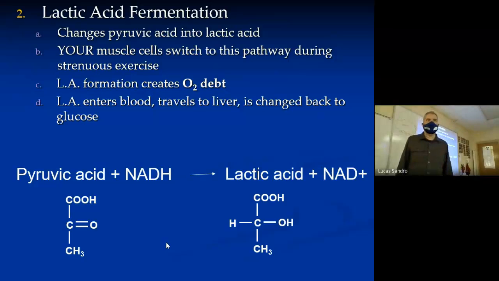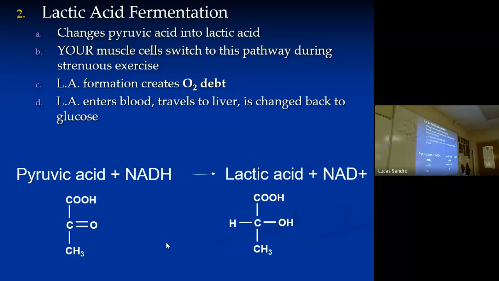But it was enough to strip the electron from NADH and create an available babysitter to go back to glycolysis. I won't make you draw the structural formula. Other questions?